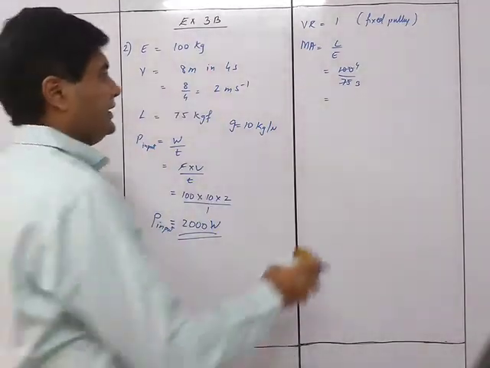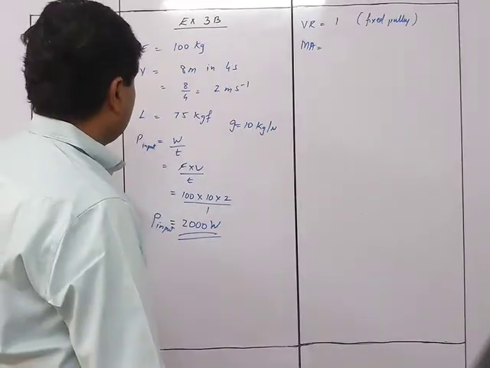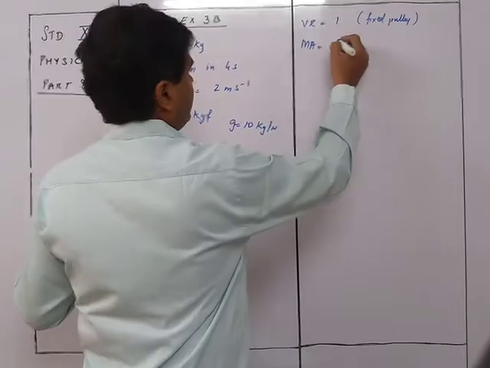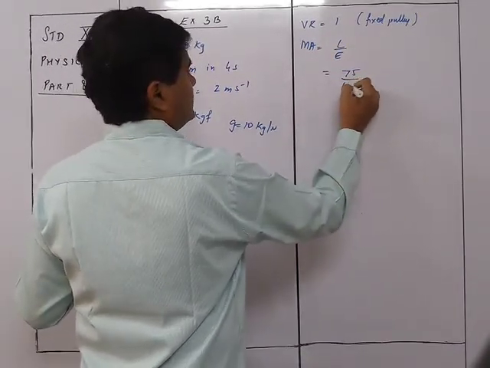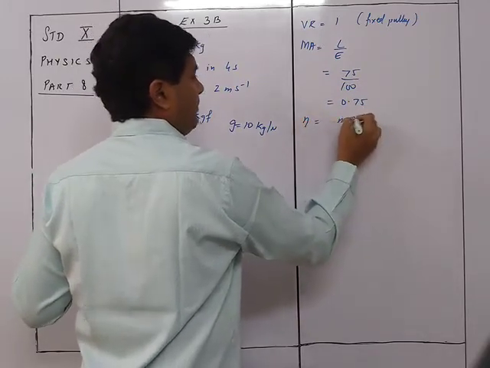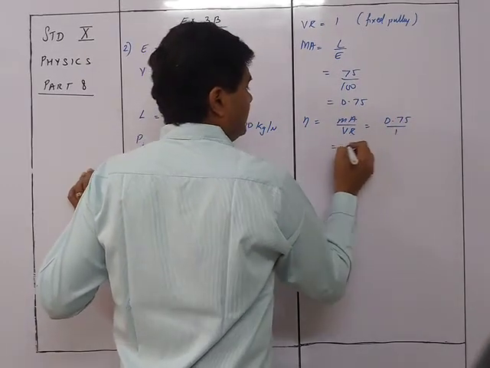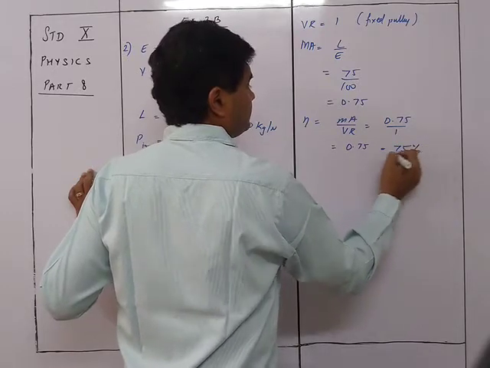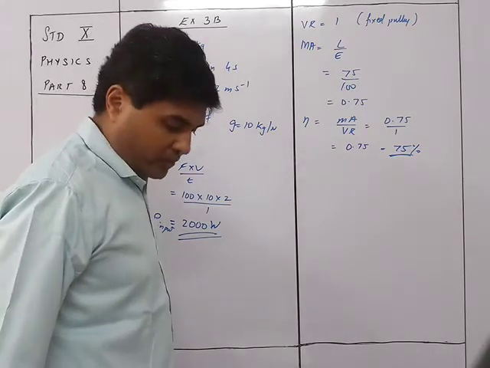Sorry, effort, sorry. MA is equal to load upon effort. Load upon effort. So load is 75 upon 100. So that is 0.75. Therefore efficiency is equal to MA upon VR, which is 0.75 upon 1, equal to 0.75, which is equal to 75%. So that's the efficiency, 75% or 0.75, whatever you want to take it as.